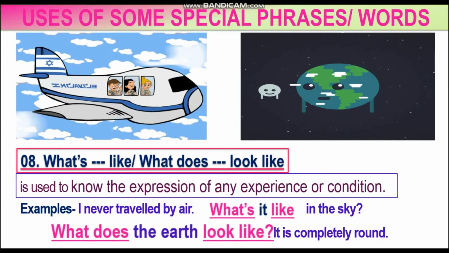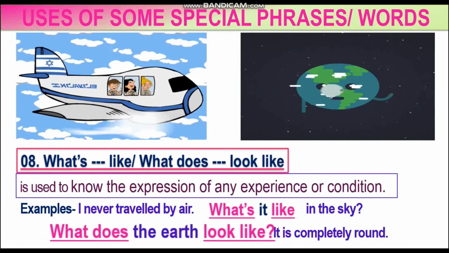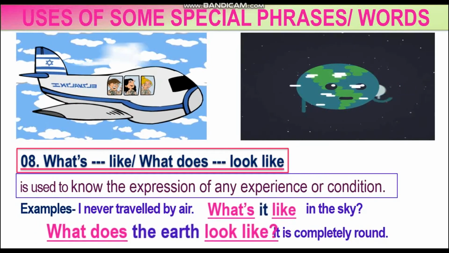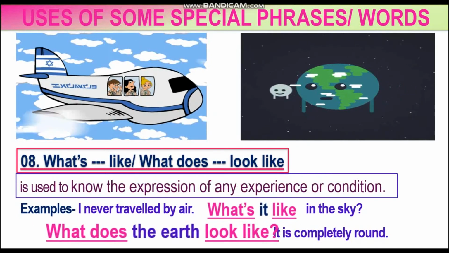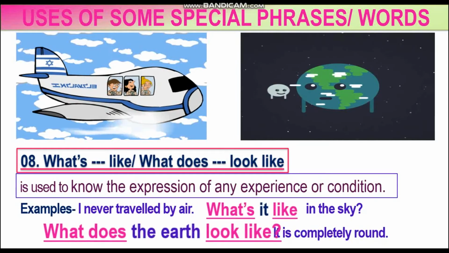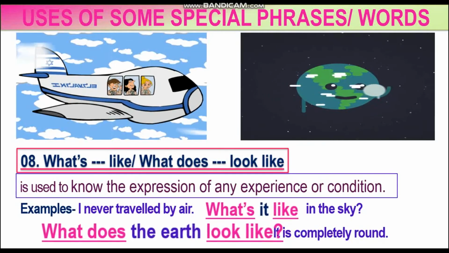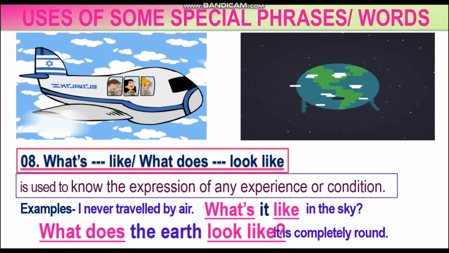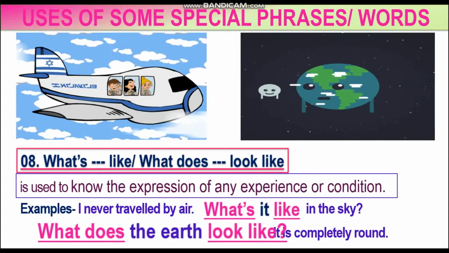Here, the first sentence, accordingly, as I never traveled by air, I don't know how the sky is. So, I want to know the experience from someone about the sky.